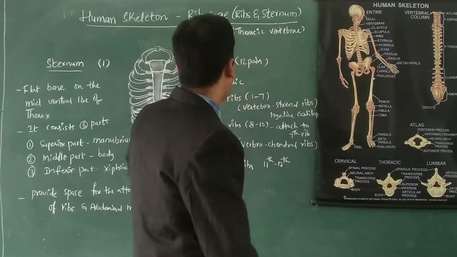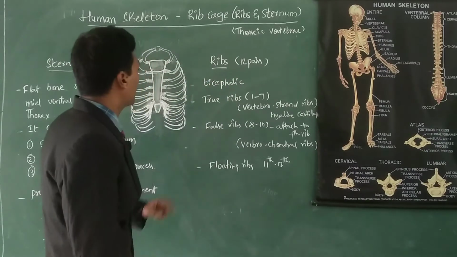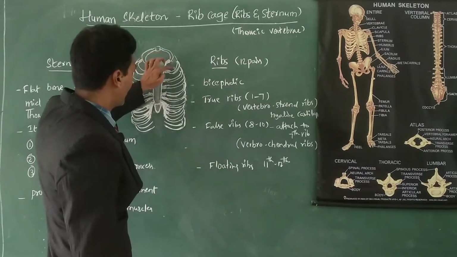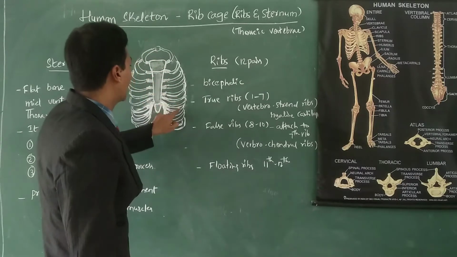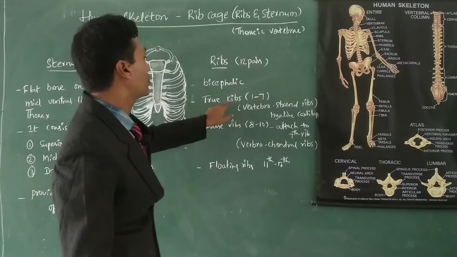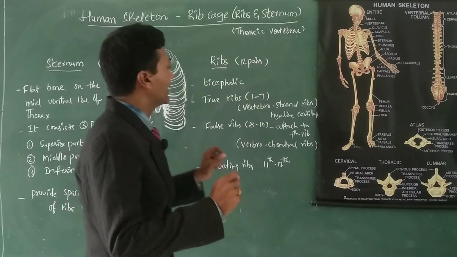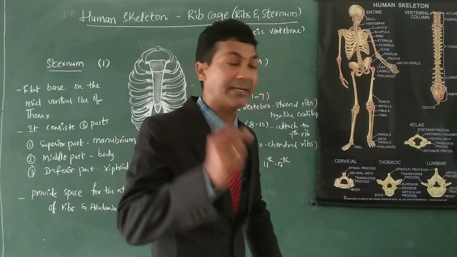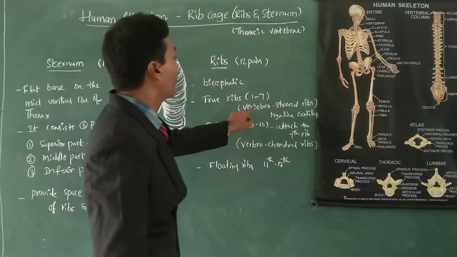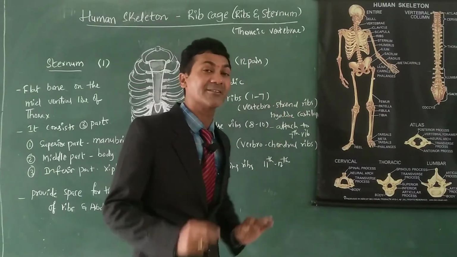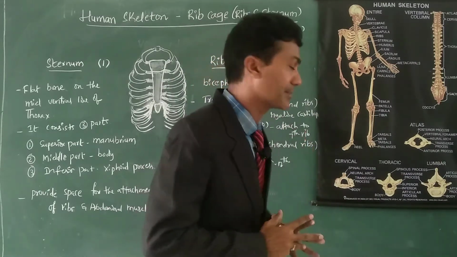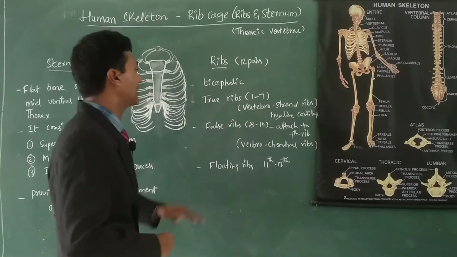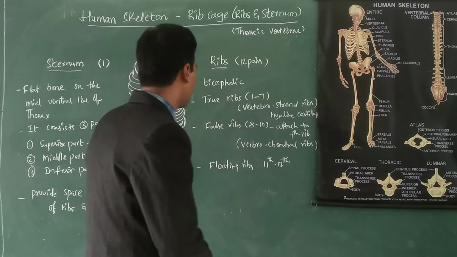My dear students, the first 7 out of 12 pairs, 1, 2, 3, 4, 5, 6, 7, are called true ribs. Why? Because they are articulated backward, dorsally, with thoracic vertebrae and ventrally with the sternum. These are called vertebrosternal ribs. They show the bicephalic condition, so they are called true ribs.